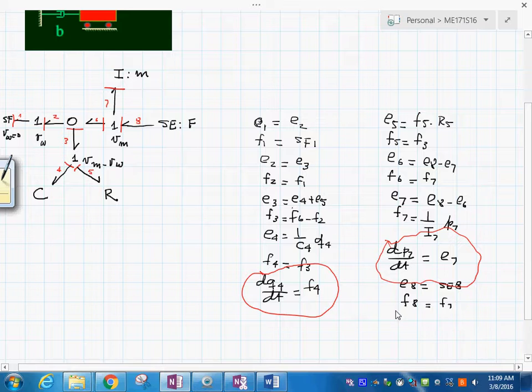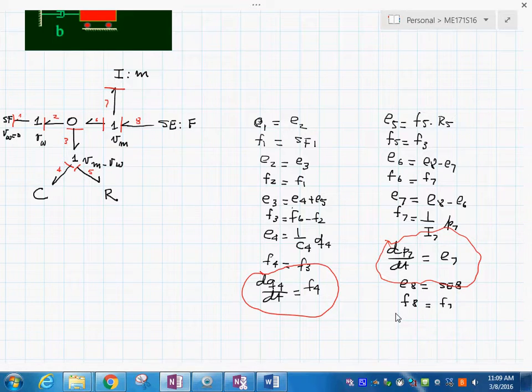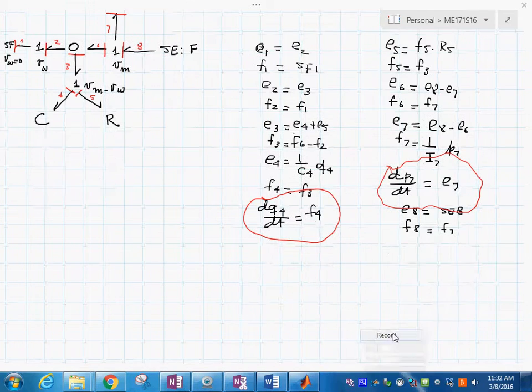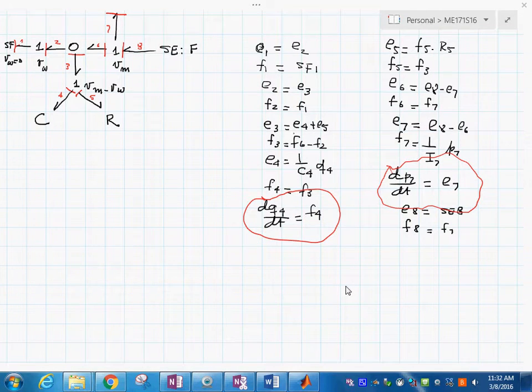Okay, so we have the individual constitutive laws that we have used for each bond and for each element. There is a question in here: what to do with this internal bond? Is E6 equal to E sub 3 or is it equal to E8 minus E7?